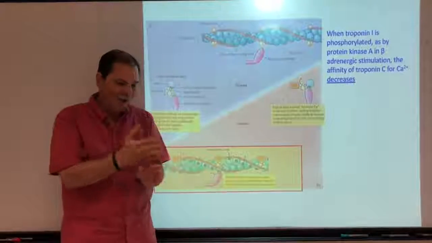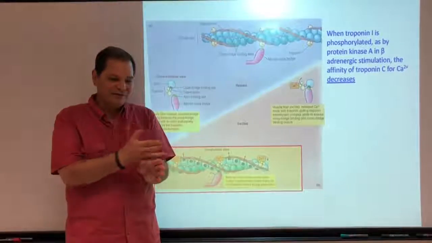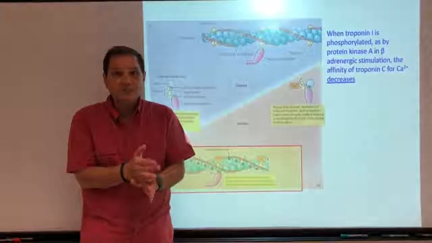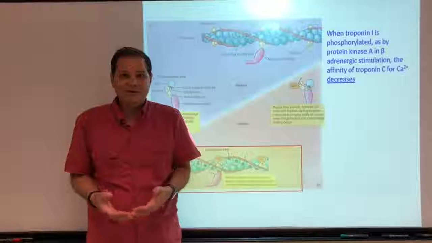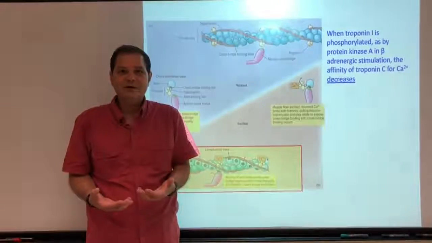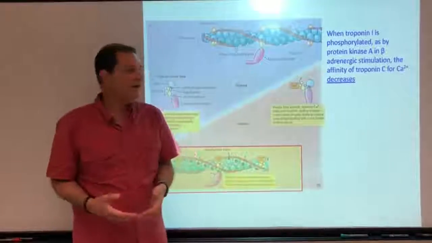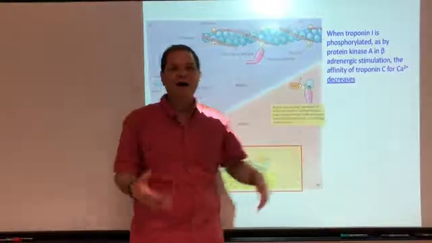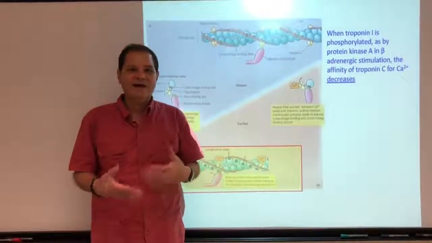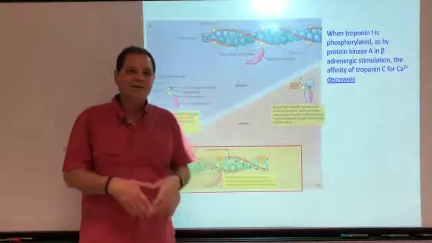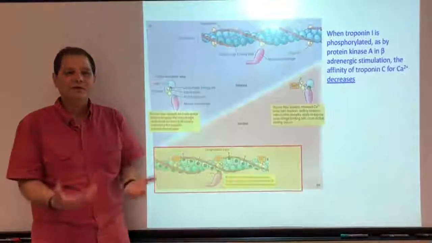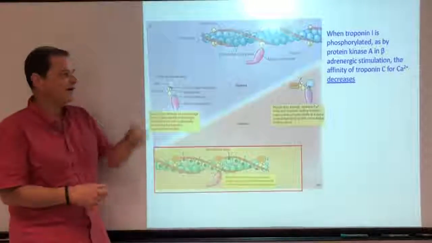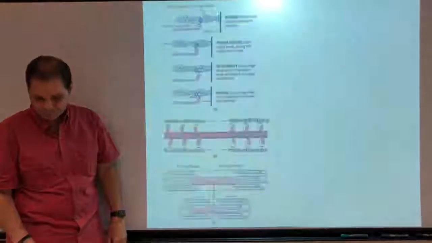So when you have a high heart rate, your heart doesn't just have to contract harder and faster, it also has to relax quicker because you have to get ready for the next beat, and you have to do that faster in a heart with a high heart rate. So this phosphorylation of troponin I contributes to that and allows you to do that. So you get a faster relaxation and you're ready for the next beat a lot sooner, okay? And that's why that takes place.